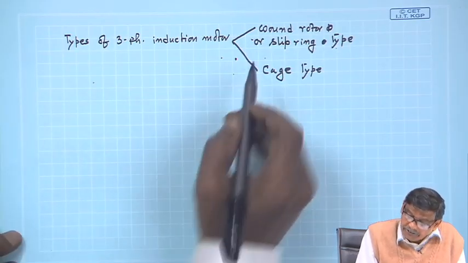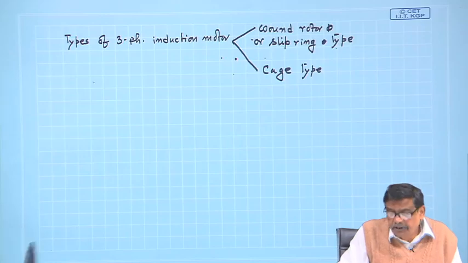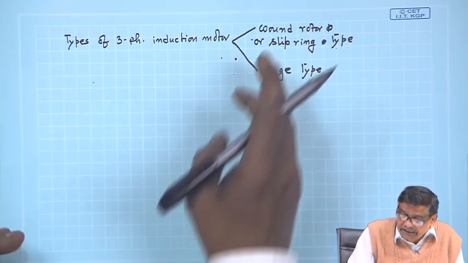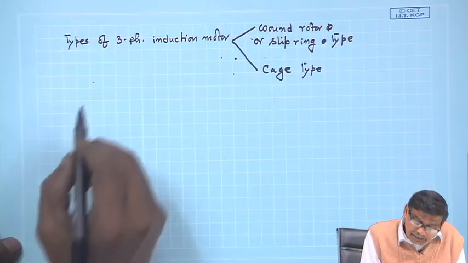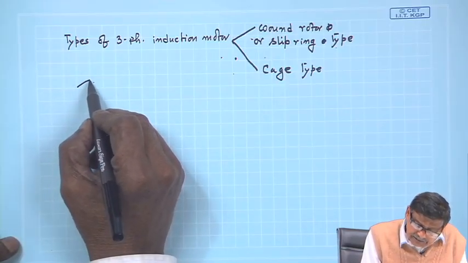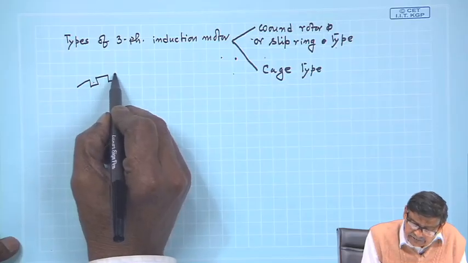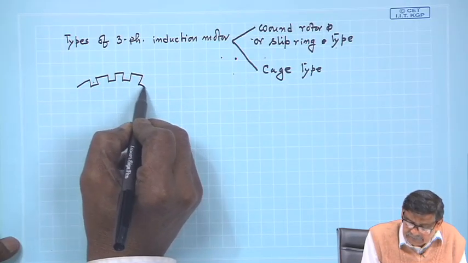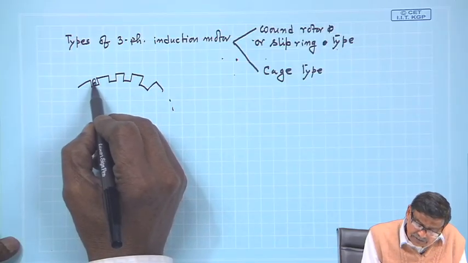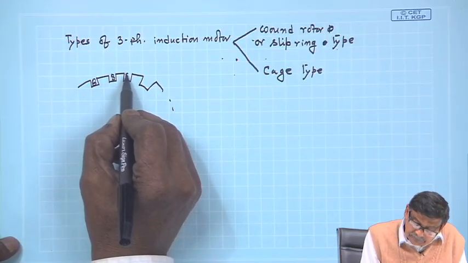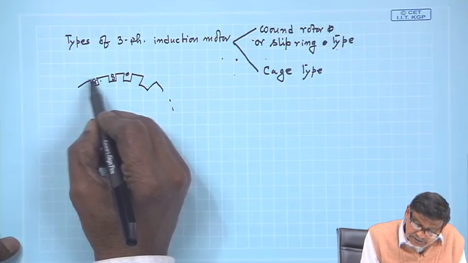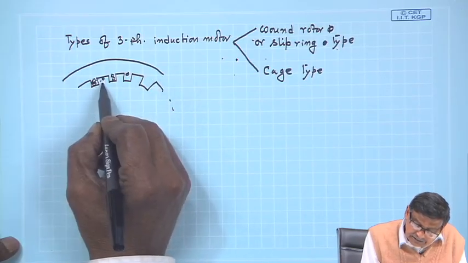Now, first, in fact, what we have been discussing so far is the slip ring induction motor, although I have not told the name, because what I have assumed is that the stator is like this. These are the stator where there are windings. I am sorry, this is the stator, these are the windings.